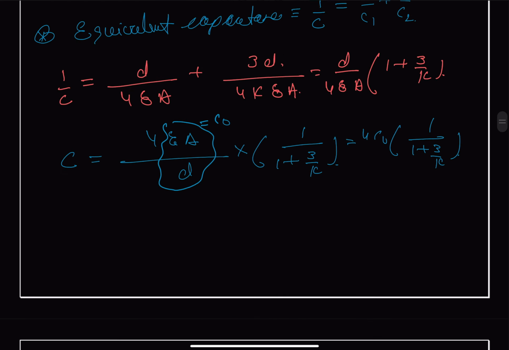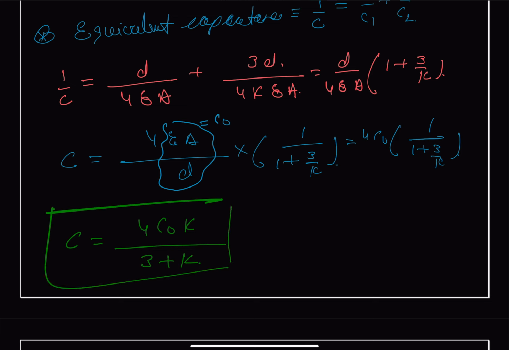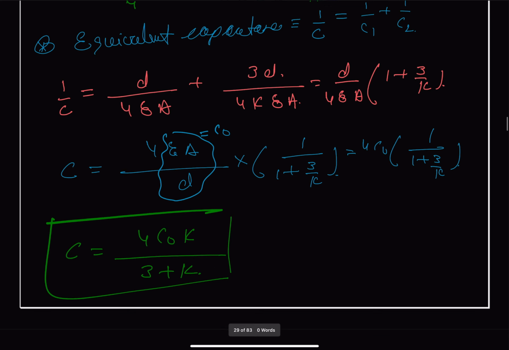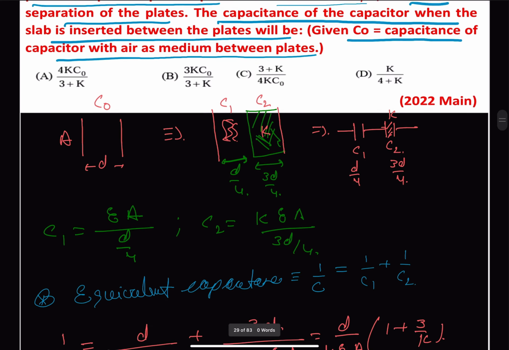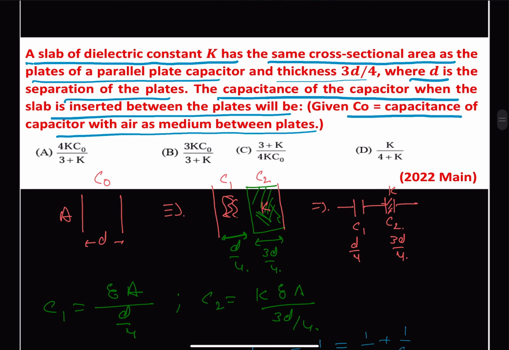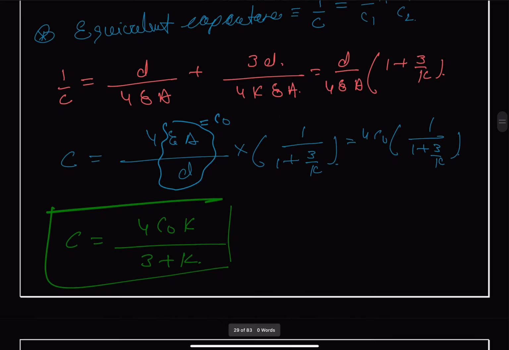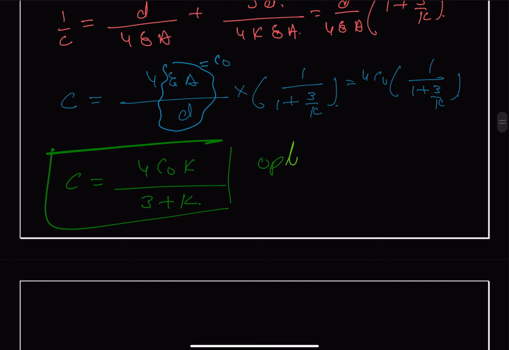We get C equal to 4 times C0 K upon 3 plus K. So this will be our equivalent capacitance, 4K C0 upon 3 plus K. Option A is correct.